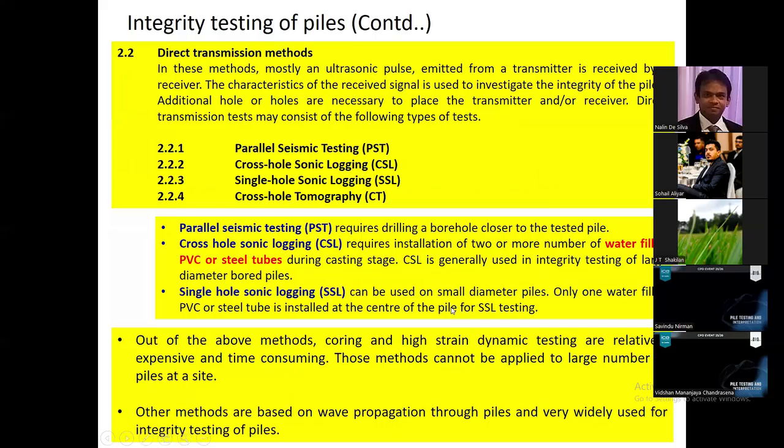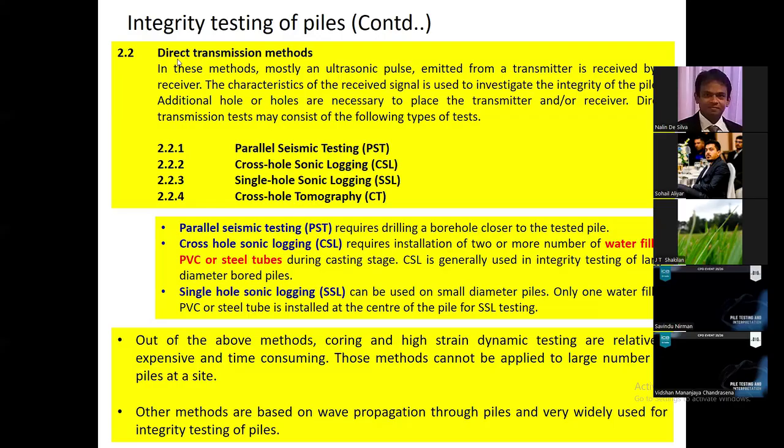Then comes direct transmission methods. In the direct transmission methods, we need to plan in advance. Water-filled tubes are installed during the construction of the pile, and these water-filled tubes will be used for testing the integrity.